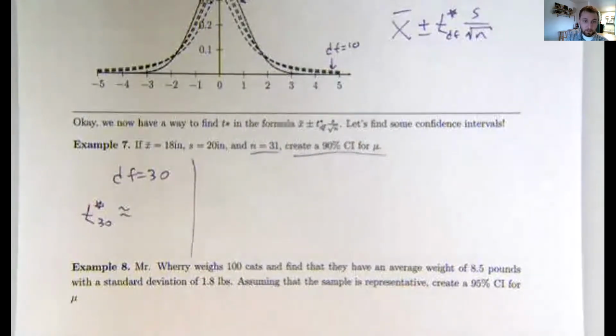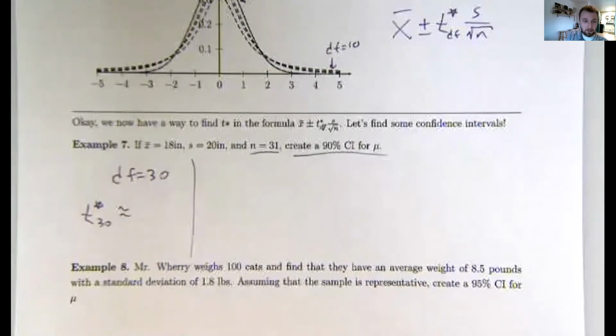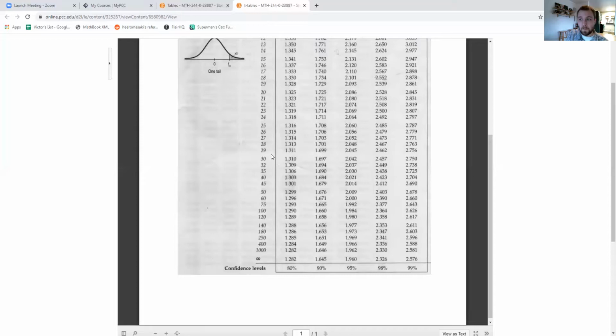I like to think that I'm getting faster at switching between the two as I practice. It's a learned skill. Degree of freedom of 30. And I want it to be 90% confident, so I'm going to the 90% column here. I see where these things meet up. I see the number 1.697. So I'm going to go back to my packet here.